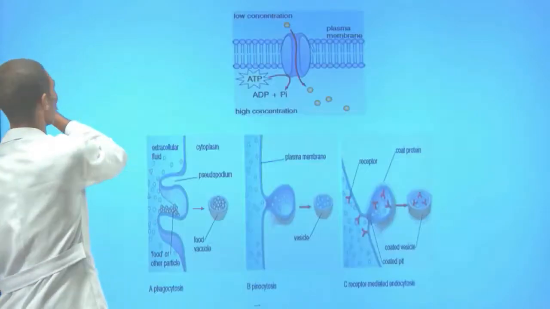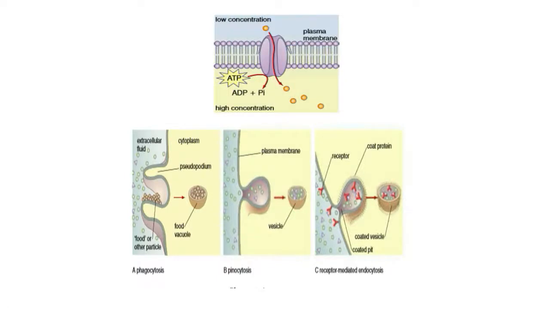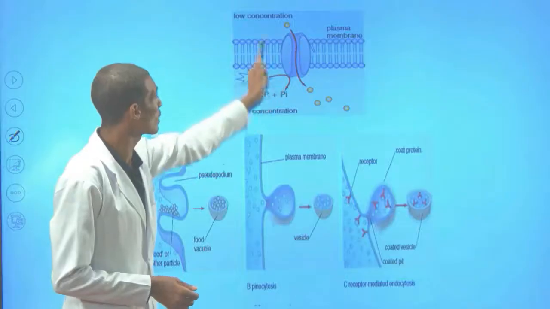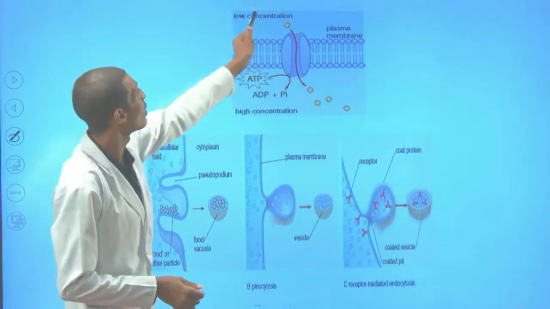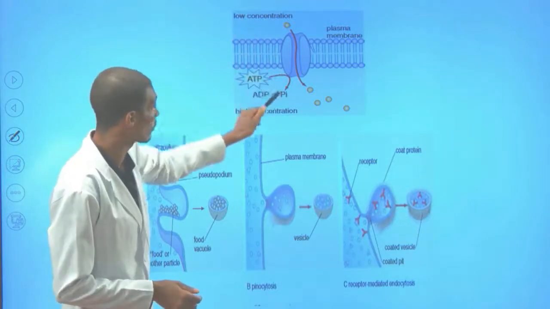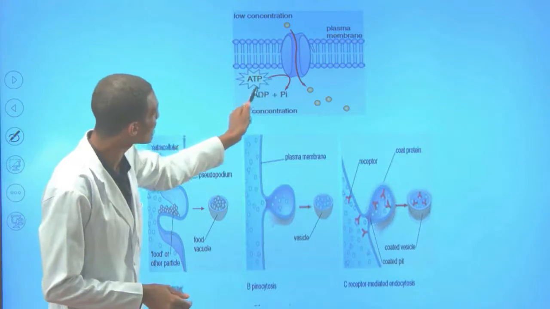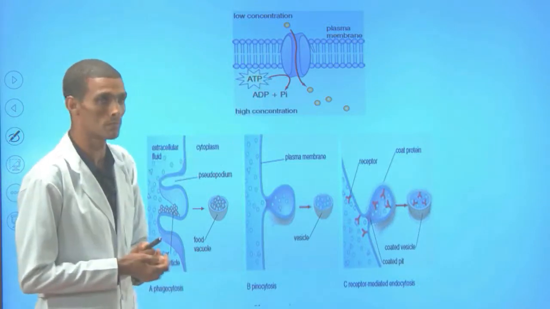Well done. Let's see this one. This is the active transport system, which involves movement of molecules or particles from a low concentrated area to a high concentrated area by using energy from ATP metabolism.